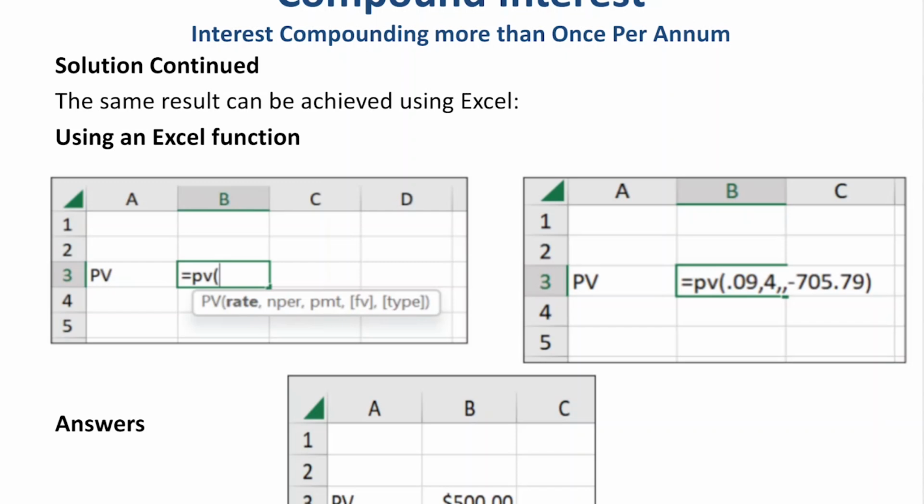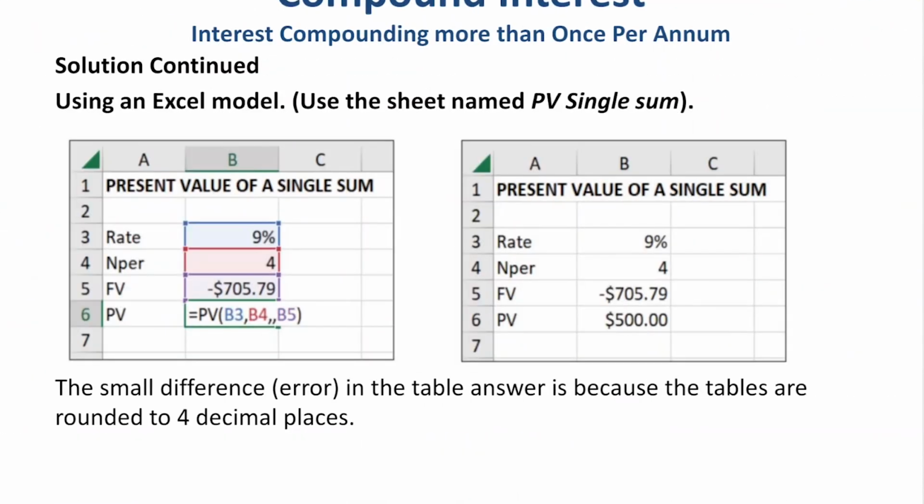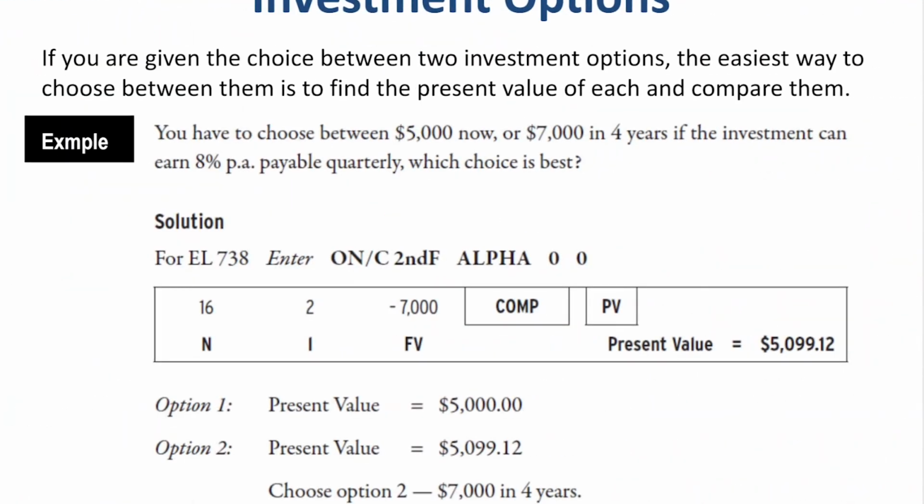Again, this is the Excel way to do it. In practice we hardly use a formula like this, because it's easier for us to just use the calculator function, but understanding the principle matters.